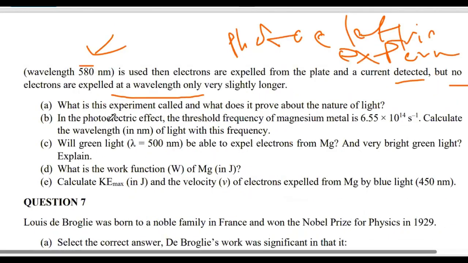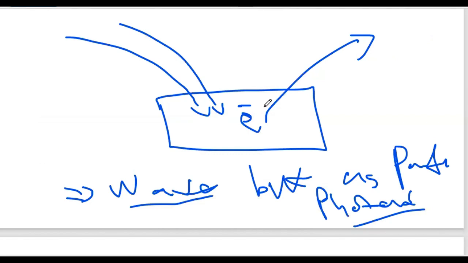And then in this photoelectric effect, the threshold frequency of magnesium metal is given. Calculate the wavelength in nanometers of light with this frequency. So what formula are you going to use? You're simply going to use this formula: the speed of light equals the wavelength multiplied by the frequency. We have the frequency and the speed of light, and we want to find the wavelength.